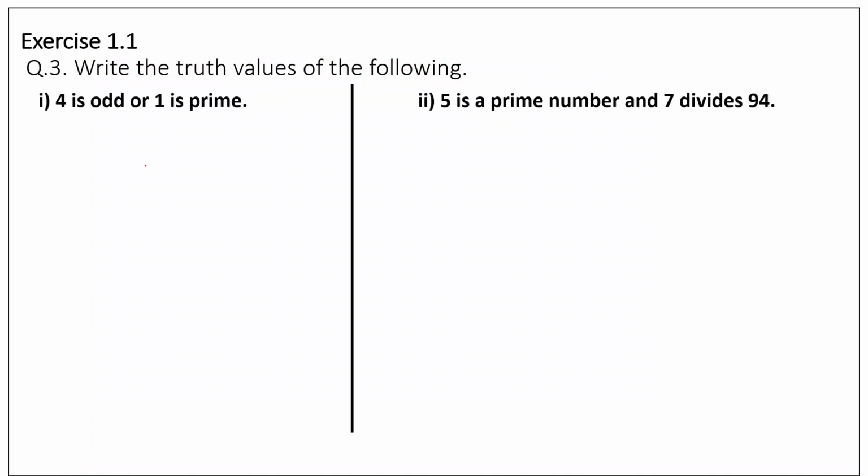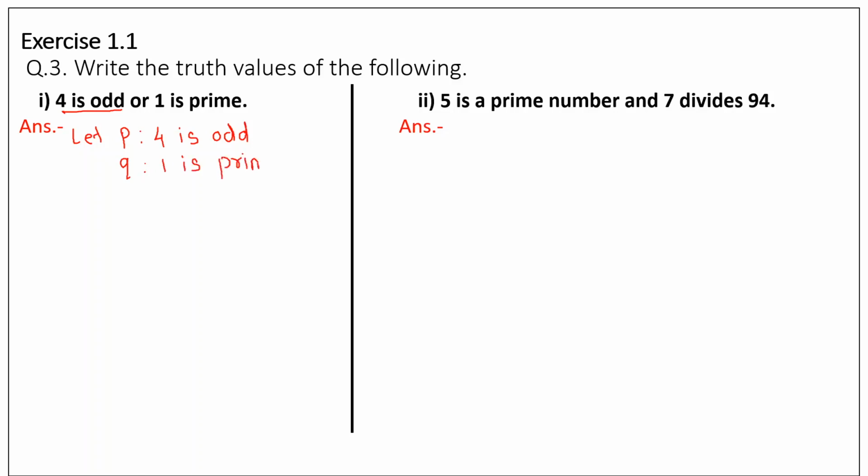Write the truth values of the following. First is, 4 is odd, 1 is prime. First we write this in symbolic form. Let P be the statement 4 is odd and Q, 1 is prime.